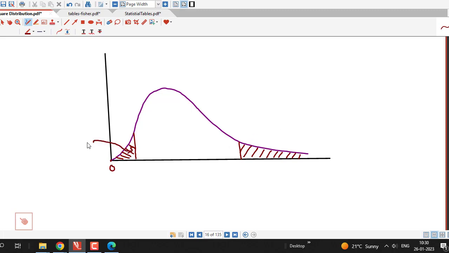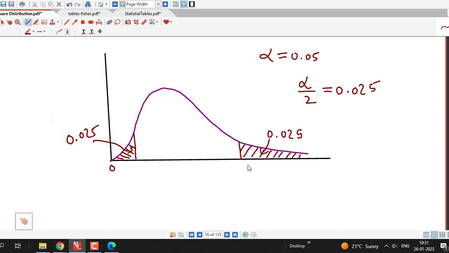The total area is alpha, and suppose we are considering alpha equal to 0.05. Therefore alpha by 2 will be equal to 0.025. Therefore these two areas are 0.025. We are dividing them into two equal areas.